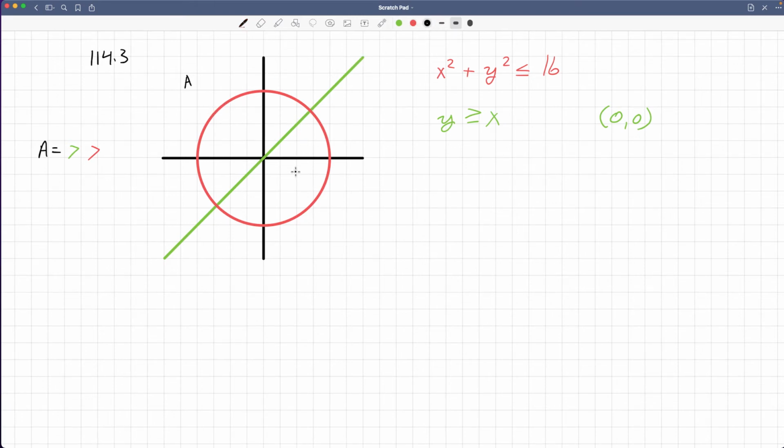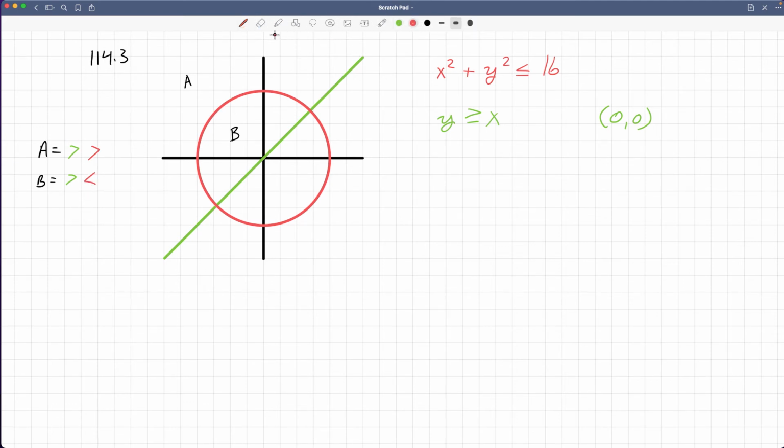So for section B, it'd be right in here, on the inside, so it's less than on the red, but it's still above the green line, so it would be greater than. I'm sorry, this should be less than right here.